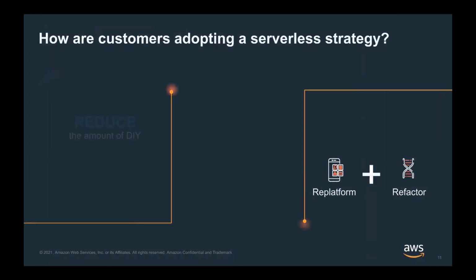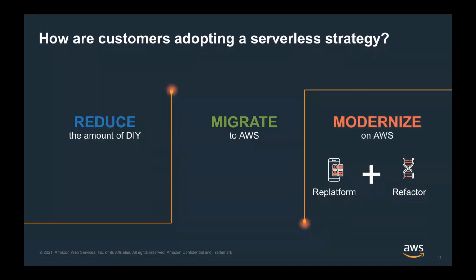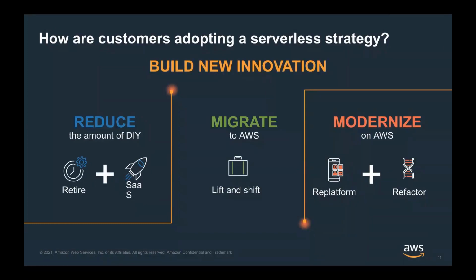So going on to the next slide, what are some of the strategies when it comes to adopting serverless? On a high level, and we'll talk about this in a lot more detail, when you talk about migration in general, we talk about retiring the current state of things, so let's move things to SaaS. That's the space we are at. Then you have the migrate, where you're actually doing the lift and shift of your existing application, and of course, the last part is modernization, when you're replatforming and refactoring to take advantage of the newer and greater technologies.